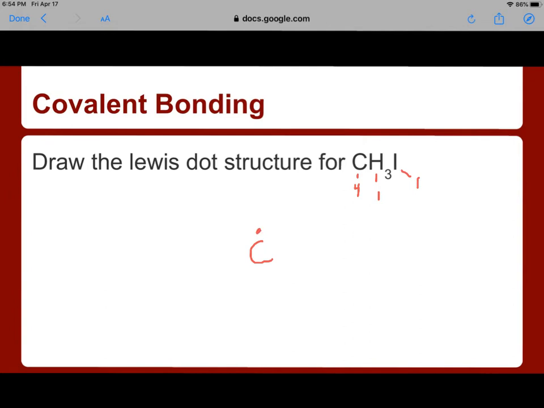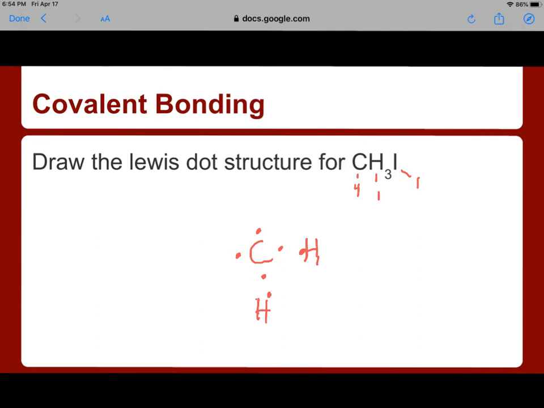And carbon has 1, 2, 3, 4 valence electrons. Then I have 3 hydrogens and an iodine. It really doesn't matter which side I put each one on, because again, we could just spin that molecule around and it would be the same.